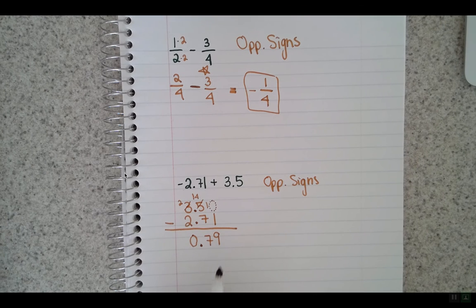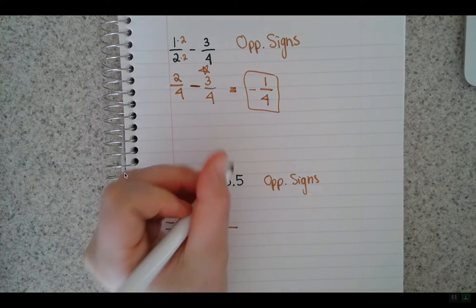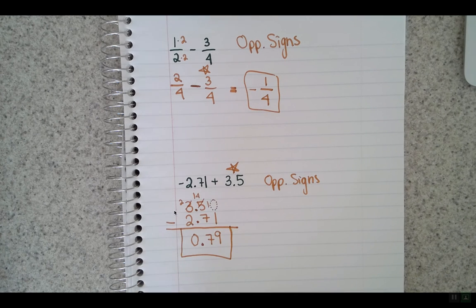Now I always keep the sign in front of the larger number. In this case, 3.5 is larger than -2.71, and 3.5 has a plus sign in front of it. So my final answer should be a positive 0.79. Same signs add, opposite signs subtract.